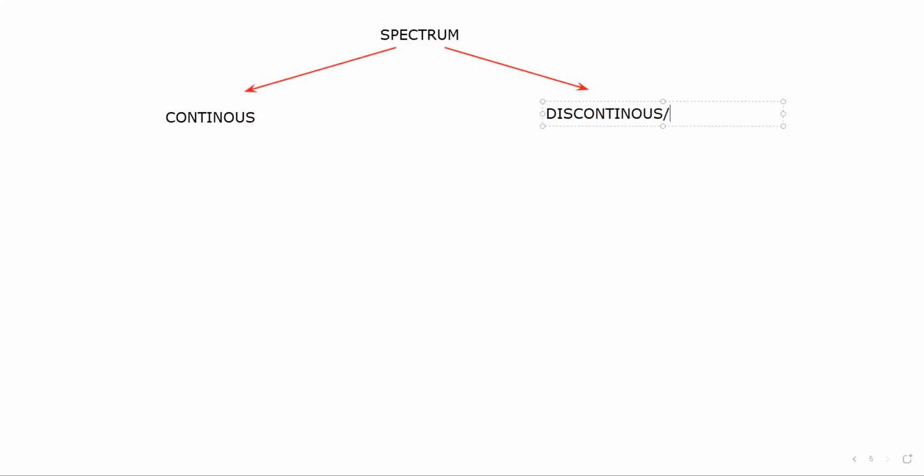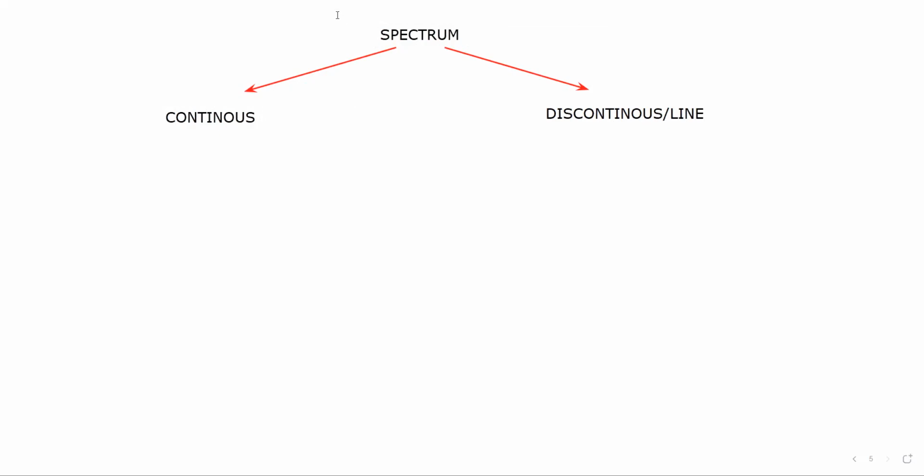Then the last topic of this unit 2, spectrum. A group or a band of energy is called a spectrum. And spectrum is divided into two categories. One is called continuous, and another one is known as discontinuous or line. What is the meaning of a continuous spectrum?